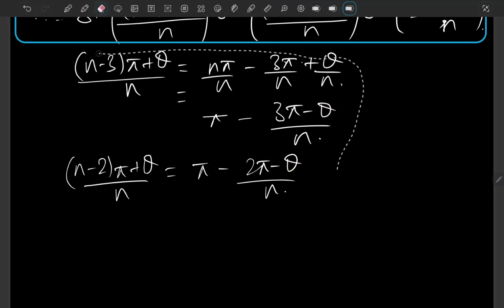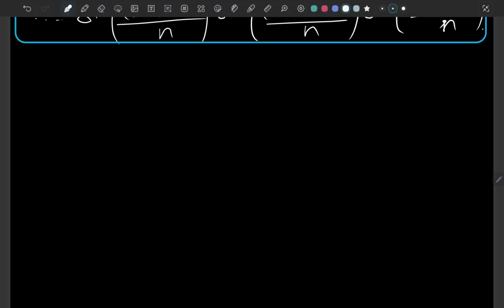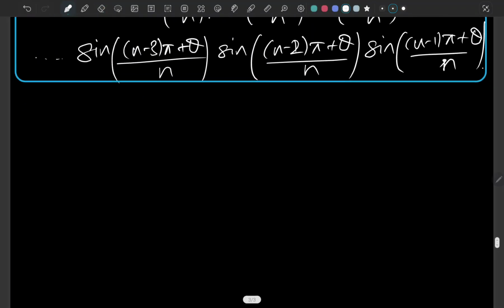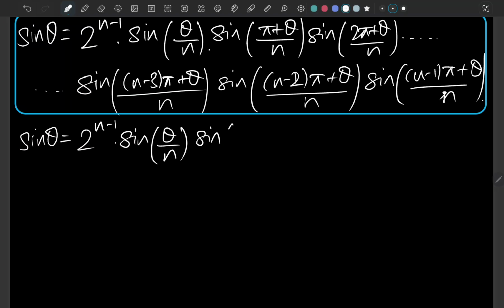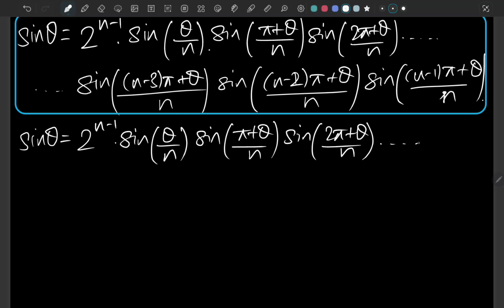We just want to generalize something, so that is why we are doing this much. So let's consider writing the same thing: sine of theta equals 2 to the n minus 1 times sine of theta over n, sine of pi plus theta over n, times sine of 2 pi plus theta over n, dot dot dot.